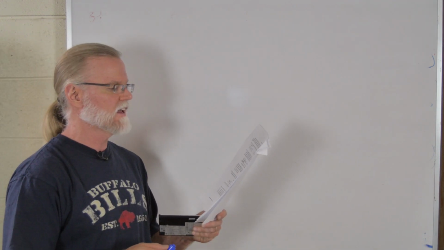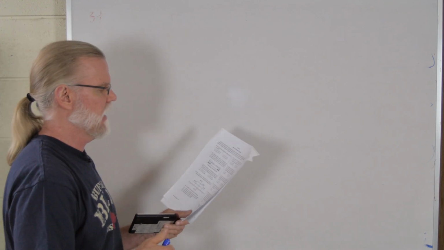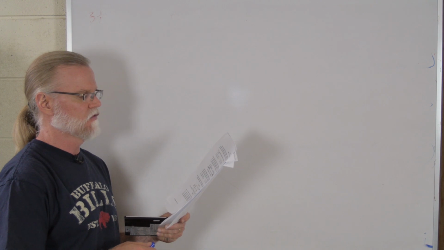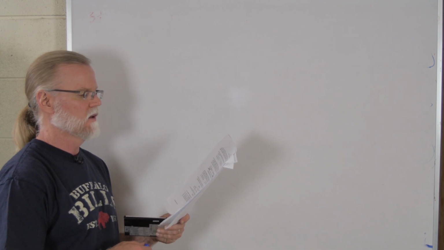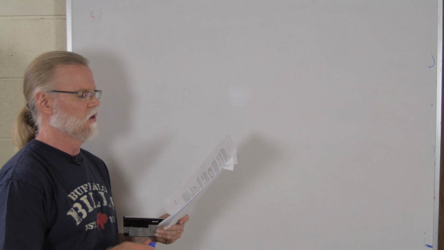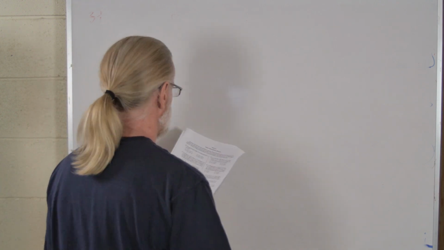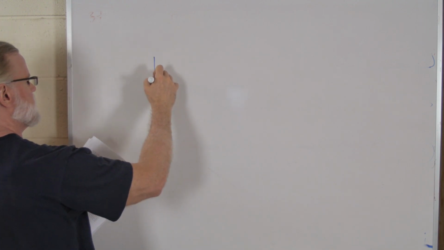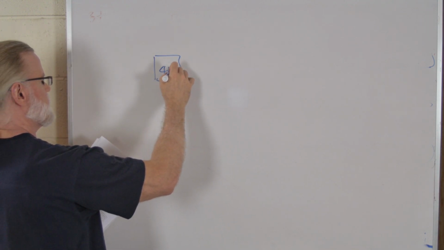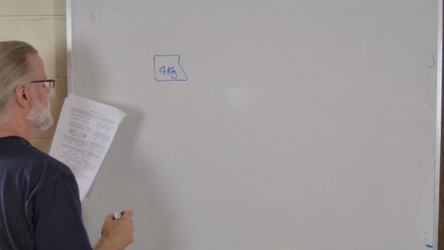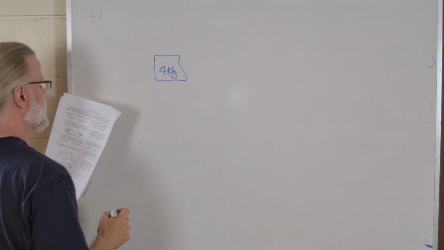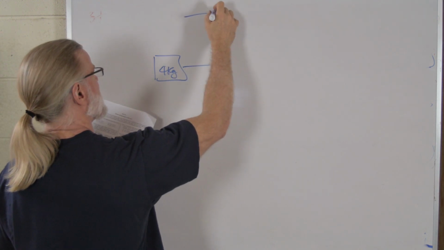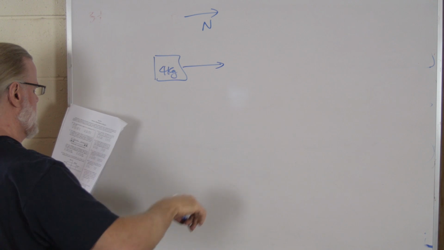Number 40, a 4 kilogram object is accelerated at 3 meters per second squared north by an unbalanced force. The same unbalanced force acting on a 2 kilogram object will accelerate this object north at what? All right. So let's see. So here's our 4 kilogram object. And it's accelerated 3 meters per second squared north. Let's say this way is north. So north is this way. That way is north.